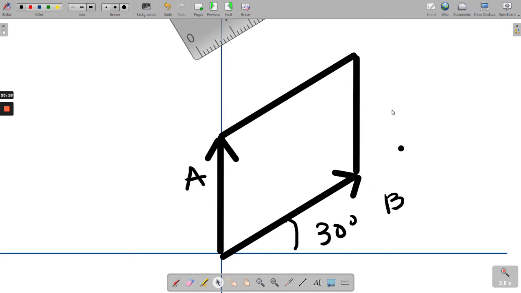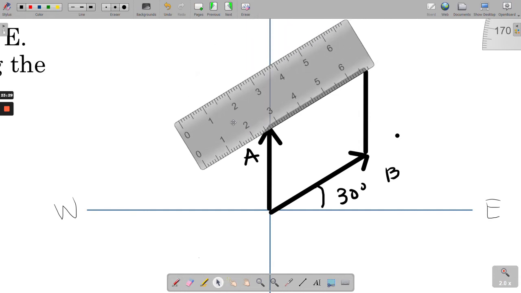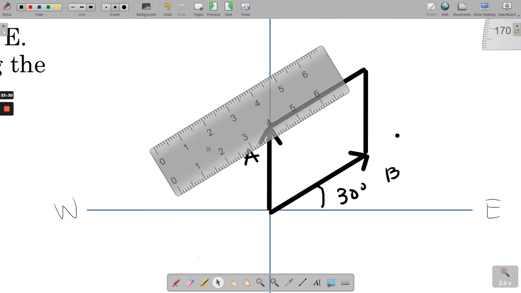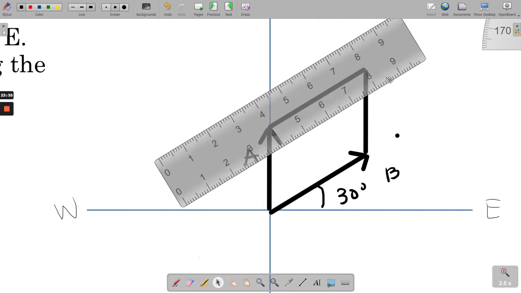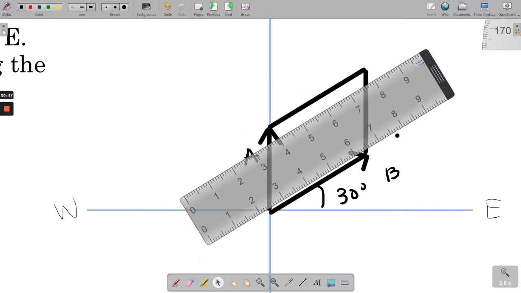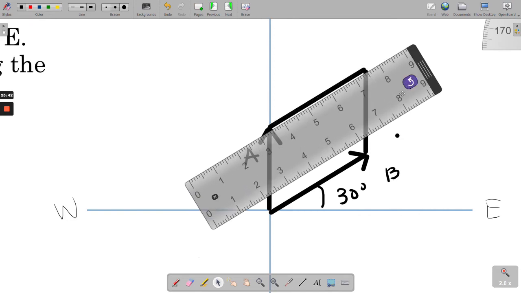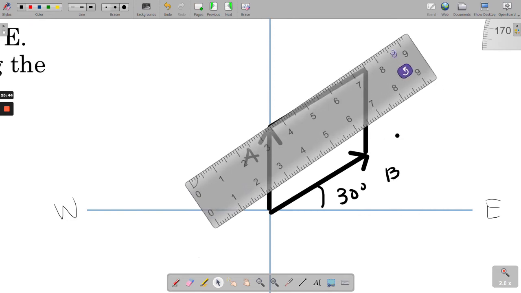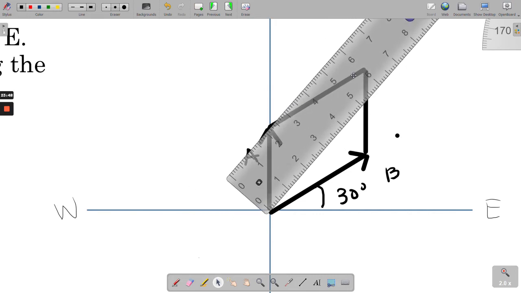And then we do the same here, and connect the two together. And now what we have is a parallelogram. So that is the parallelogram method of solving for vector quantities, or vector addition. And where's our resultant? Our resultant is the line connecting our vectors. So we start from here.